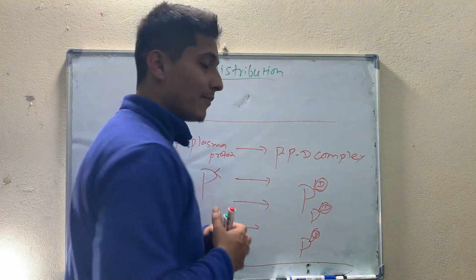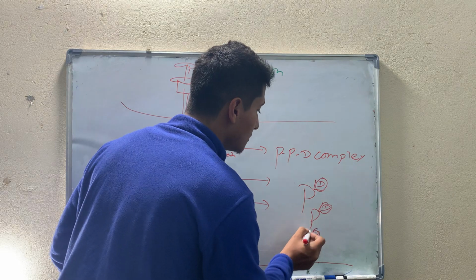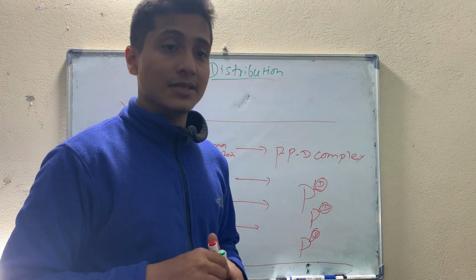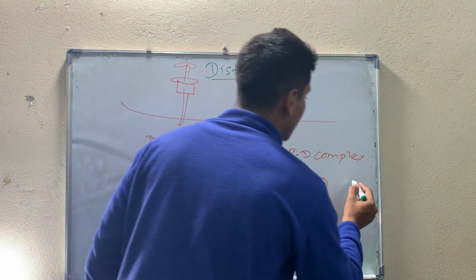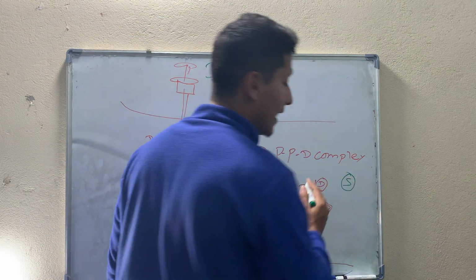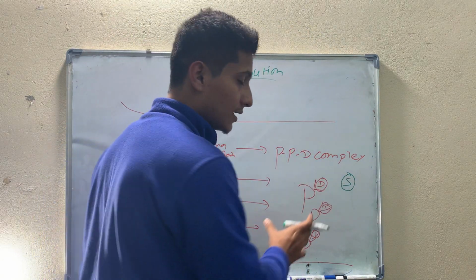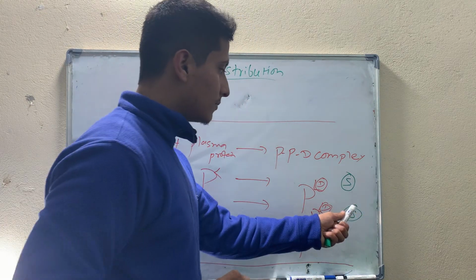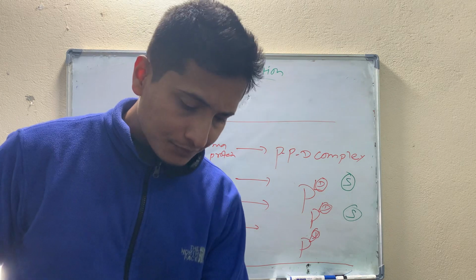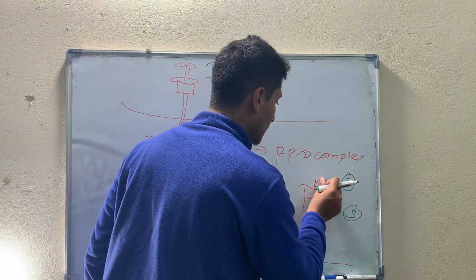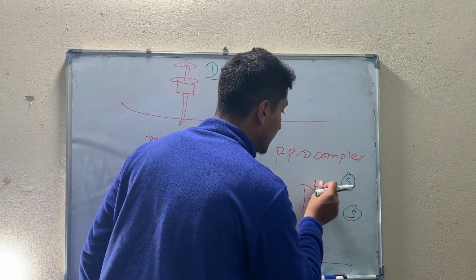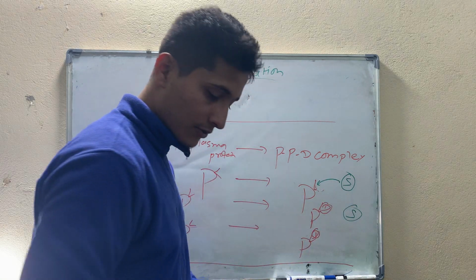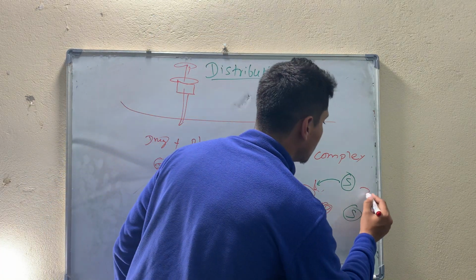The drug is happy, the plasma protein is happy, there's no other drug to compete with this drug. Now what happens if some other drug, for example a drug named S, comes into this environment? The drug S will compete with this drug. It will replace it and displace the drug. Now the drug will come out from that protein.